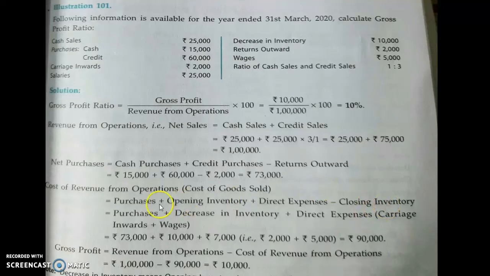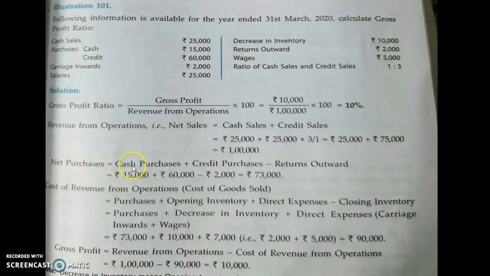Regarding purchase, you can see here cash purchase and credit purchase are given to you. One more item is given to you. Have you noticed? Return outward. What do you mean by return outward? It's purchase return. So add cash purchase and credit purchase and subtract return outward, and you will get the net purchase.